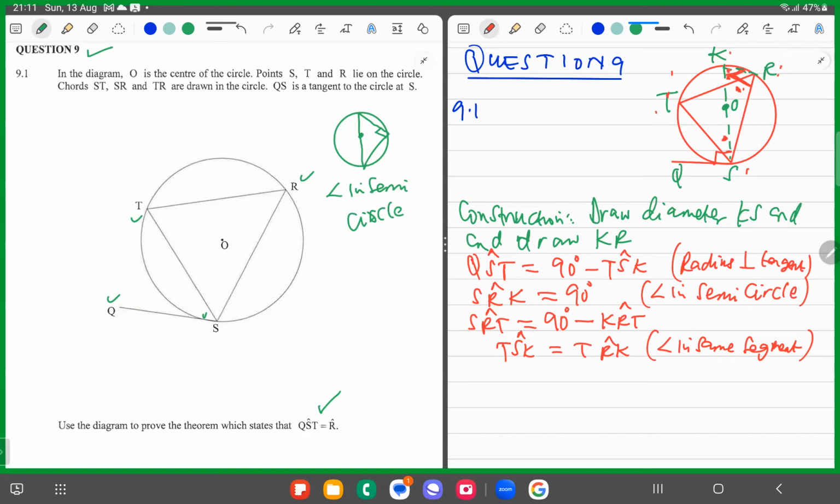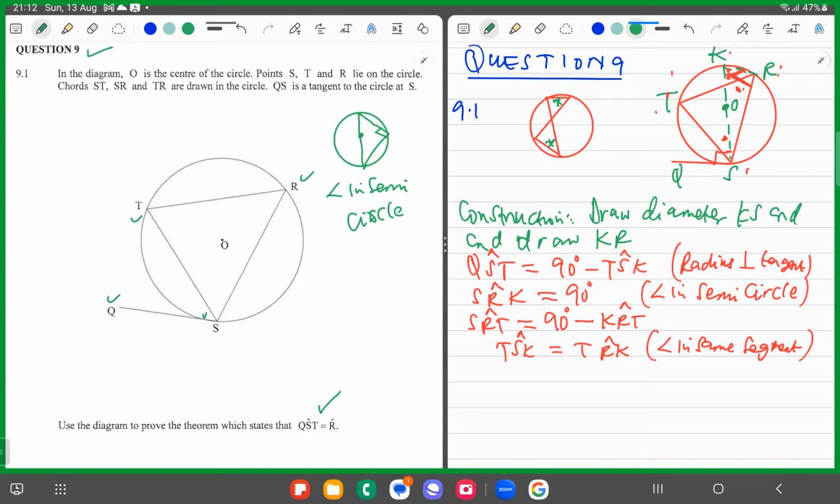They're equal because they are angles in the same segment. If you have something like this, the angles that are here are said to be angles in the same segment. So they're equal, and that is the point we're making.